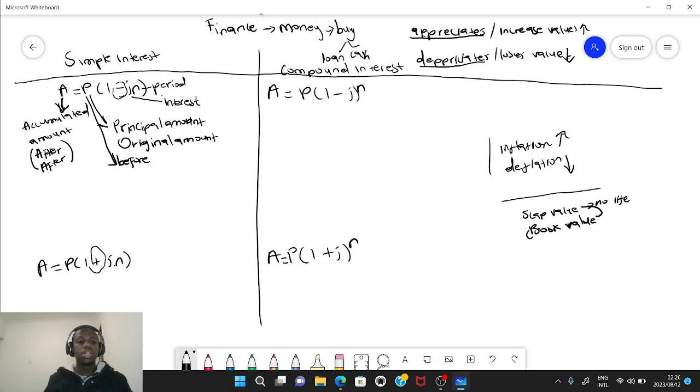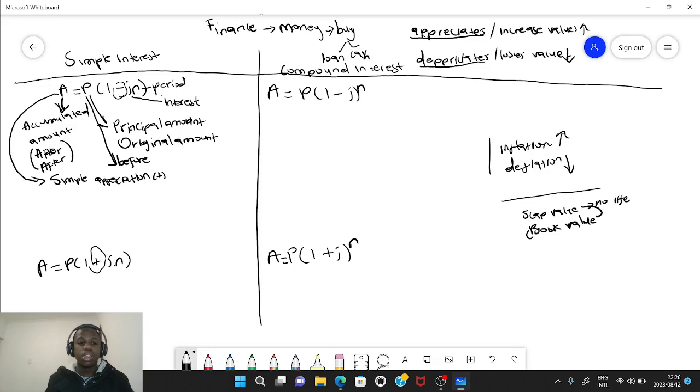The first equation that I wrote is known as simple appreciation. And when something appreciates, this is when it increases in value.